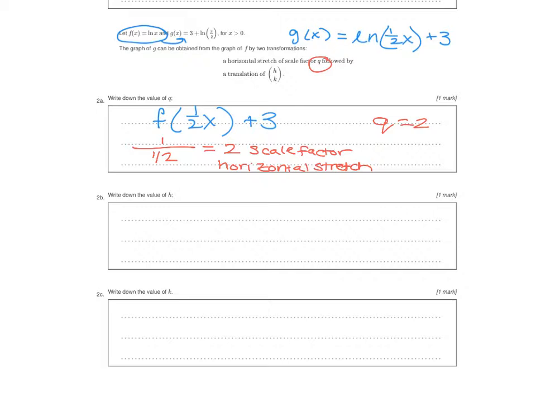But because there's not, there is no horizontal shift. So that's a 0 shift horizontally. And then vertically, this plus 3, that is our vertical shift. And it goes up 3, so positive 3.